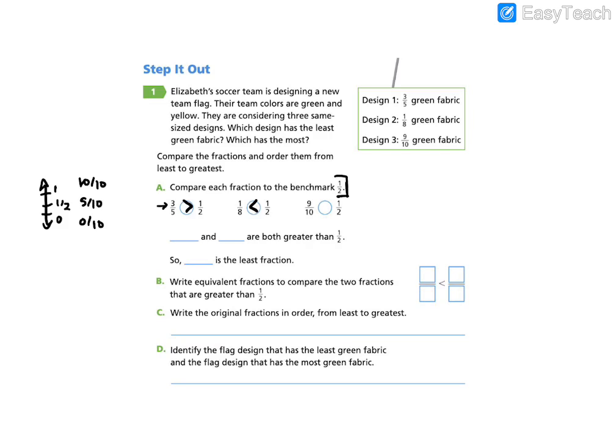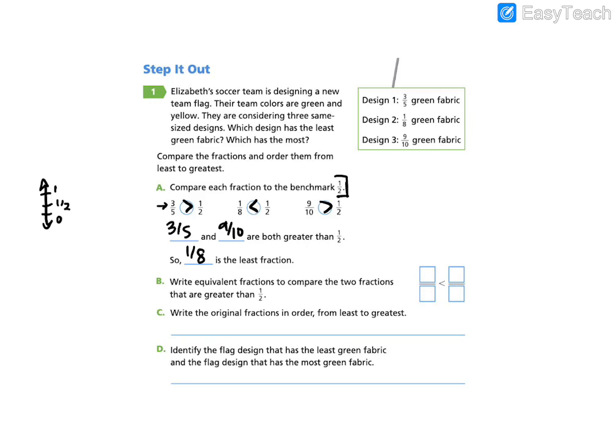Halfway would be 5/10. So that is a lot greater than 1/2. So which of our 2 fractions is greater than 1/2? 3/5 and 9/10 are greater than 1/2. So our smallest fraction is 1/8. That is our least.